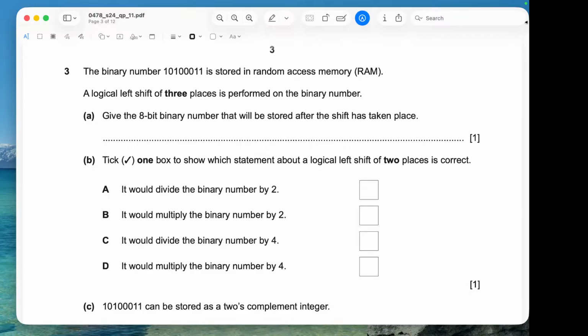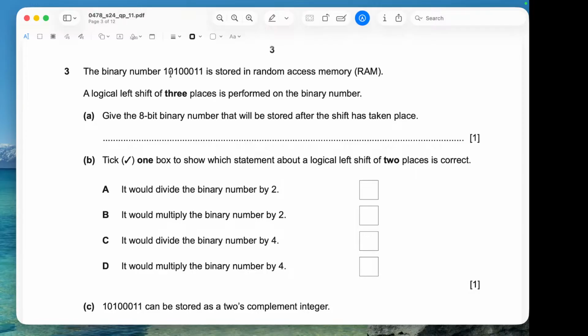The binary number 1010011 is stored in random access memory, RAM. A logical left shift of 3 places is performed on the binary number. Give the 8-bit binary number that will be stored after the shift has taken place. As ever, I want you to try these questions rather than just me doing them and you watching. I'll give you a minute to try this.